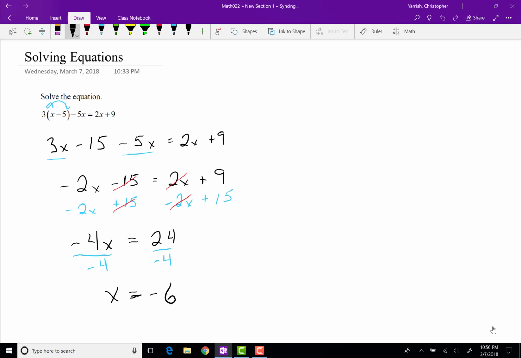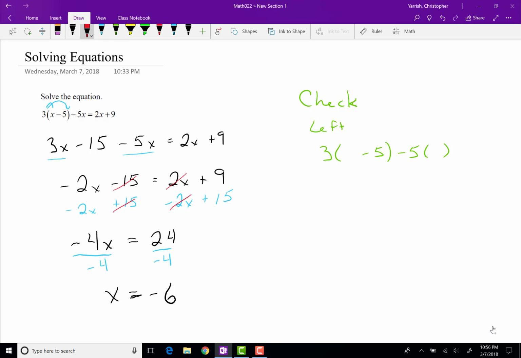We're just going to take a moment and make sure of that. So we will come in here and let's check to make sure that negative 6 actually is a solution. I'm going to do the left hand side, and my left hand side looks like this.